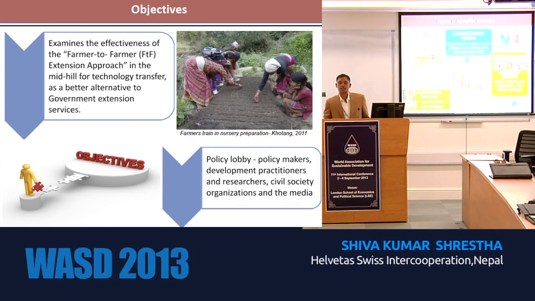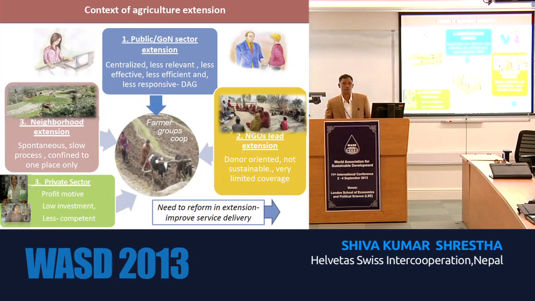If you see the context of agriculture extension in Nepal, there are 4 types of agriculture extension. One is the public sector agriculture extension. The public sector agriculture extension is highly criticized as a very centralized system, which is less relevant and less responsive to the needs of the rural people, especially the DAG, I mean the disadvantaged group.